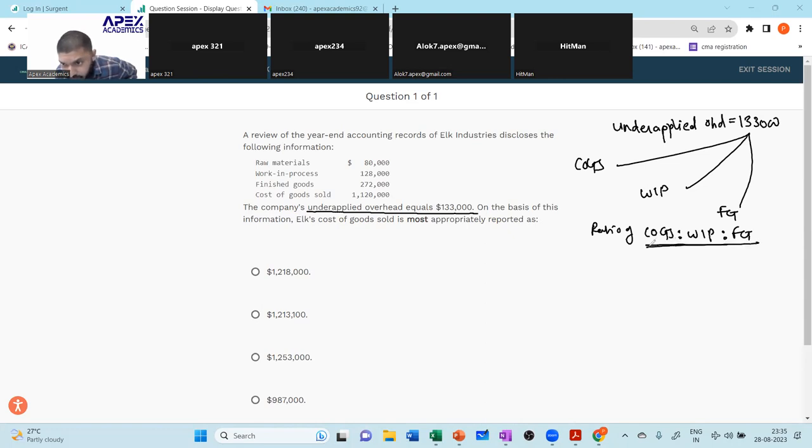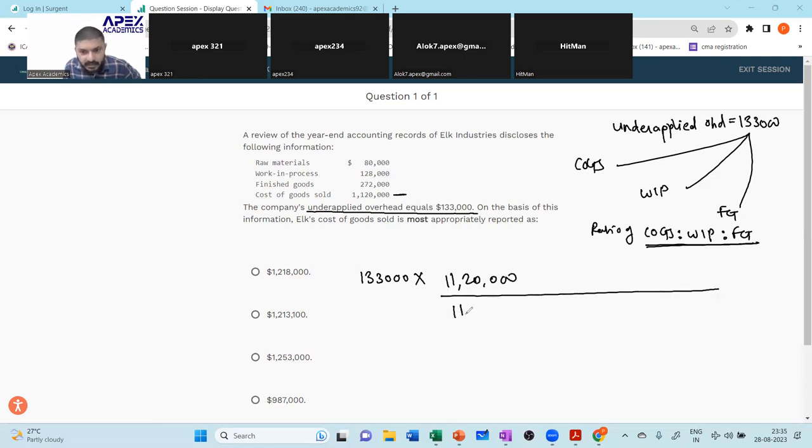Now, 1,33,000 multiplied by COGS 11,20,000 divided by 11,20,000 plus WIP 1,28,000 plus finished goods 2,72,000. What answer will you get over here? You will get 98,000.